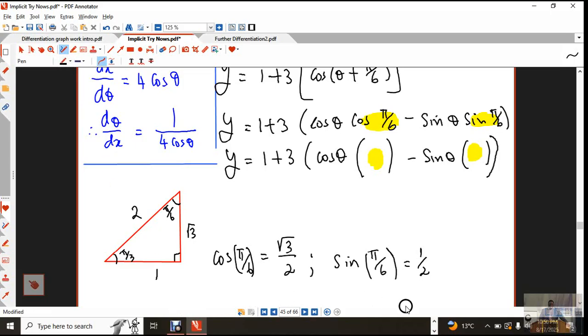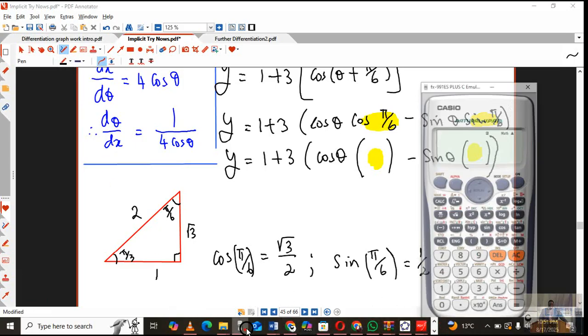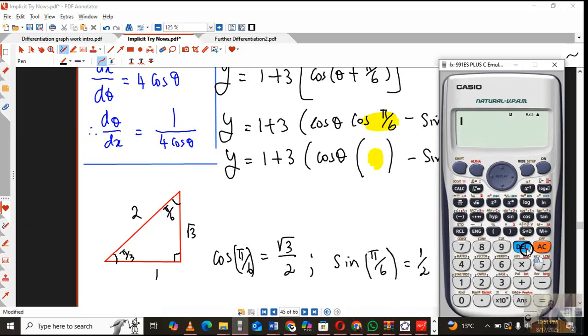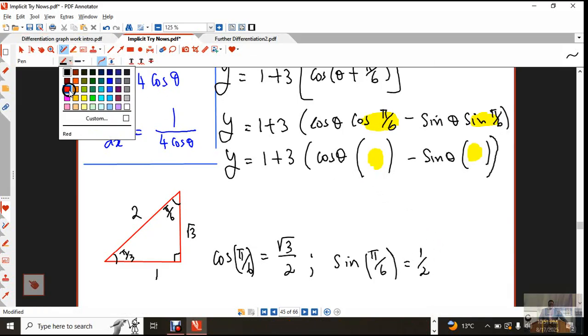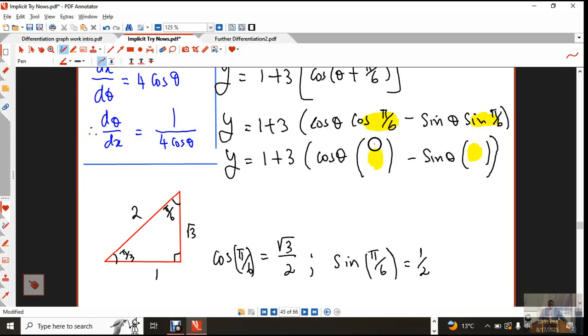You can naturally use your calculator if that is a little bit too tricky for you. Make sure your calculator is in radian mode. Mine is. So the cosine of pi upon 6, you're going to get root 3 over 2 as I indicated, and the sine of pi over 6 is just going to be a half. Right, so these values are going to be substituted in there, so that we can clean this up.